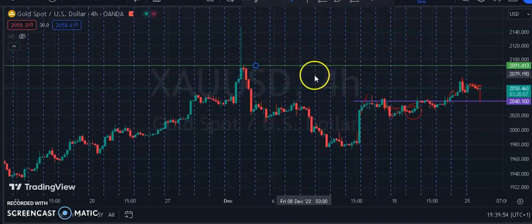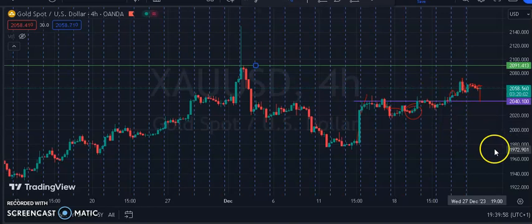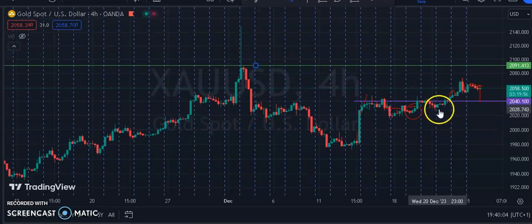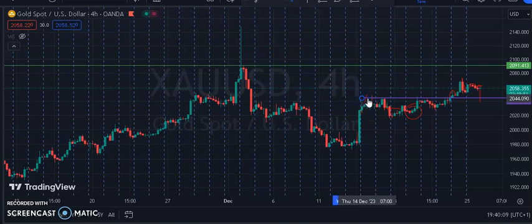But this level is the level I'm looking for, 2091. I don't have any bias that maybe it will crash down. Unless I go below this price, I'm still looking at the momentum for the buy side.